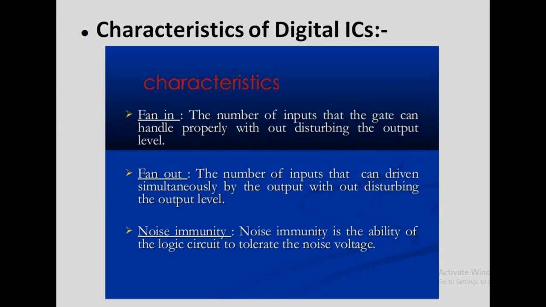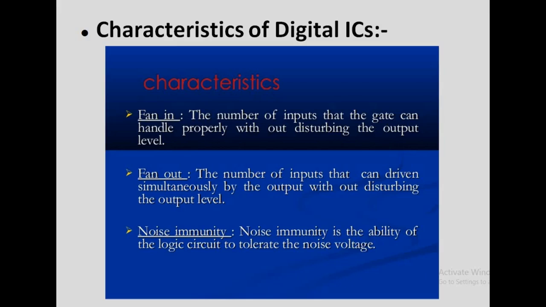Now there are some characteristics of digital ICs. So these are the characteristics and their definitions. So first characteristic is fan-in. The number of inputs that the gate can handle properly without disturbing the output level. Second characteristic, fan-out.